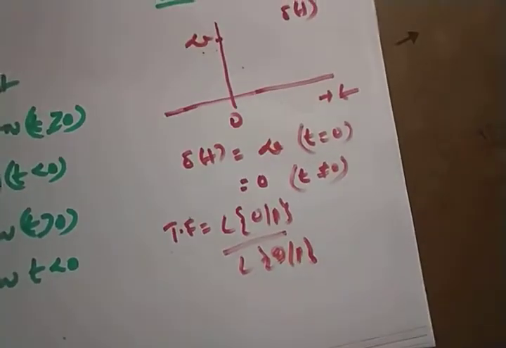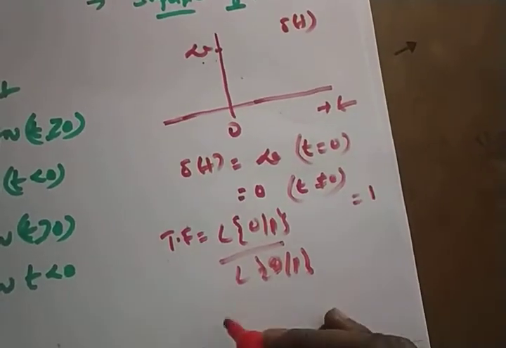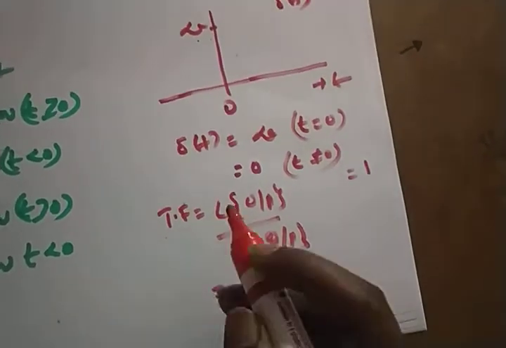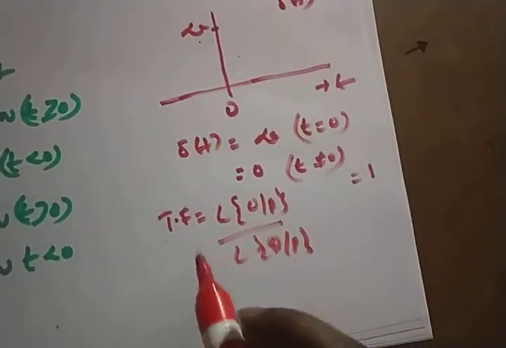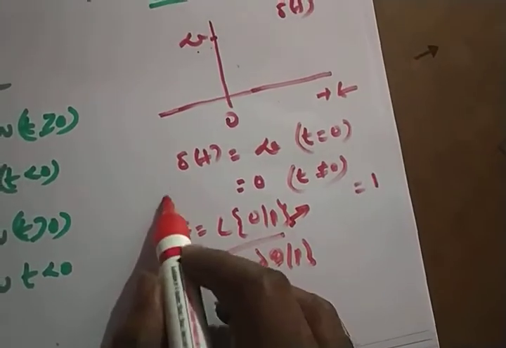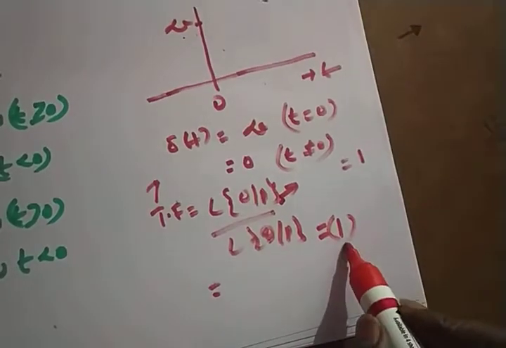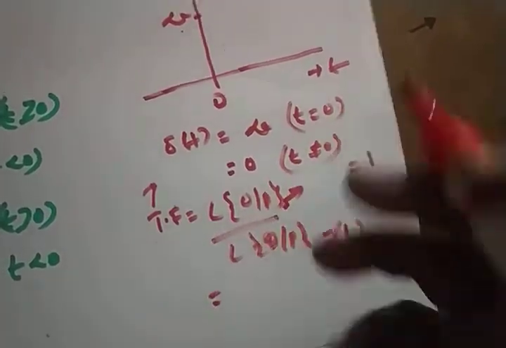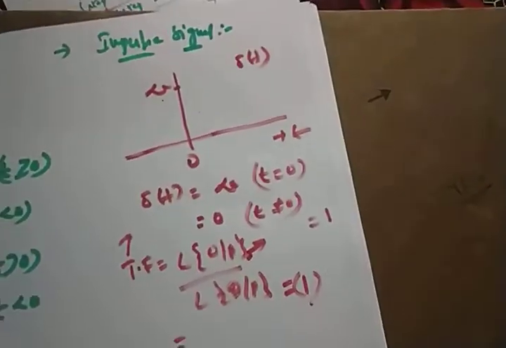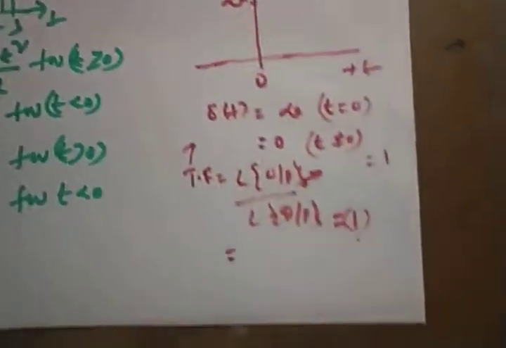The Laplace transform of the impulse signal is 1. So if you want to predict the performance, whatever output you have is my transfer function, because the Laplace transform of my input is 1. Whatever output comes, that is my response. That's why these types of signals are not used anywhere.